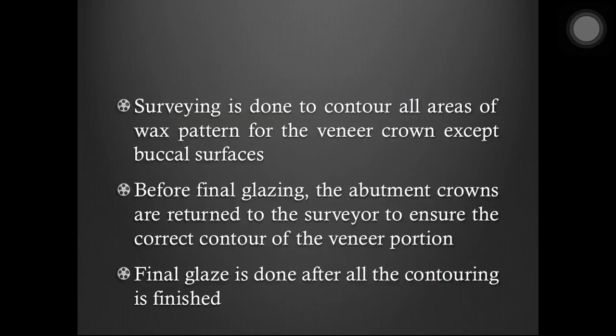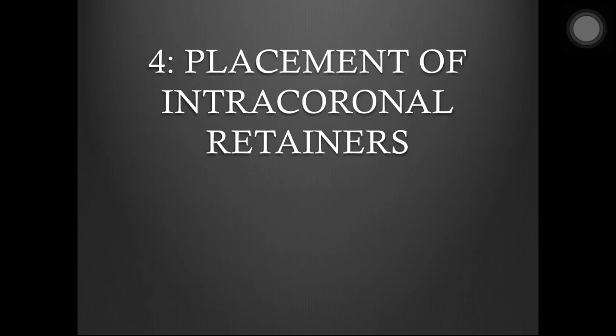Surveying is done to contour all areas of the wax pattern for the veneer crown except buccal surfaces, because on buccal surfaces there will be final application of porcelain. Before final glazing, the abutment crowns are returned to the surveyor to ensure the correct contour of the veneer position, and final glaze is done after all the contouring is done.